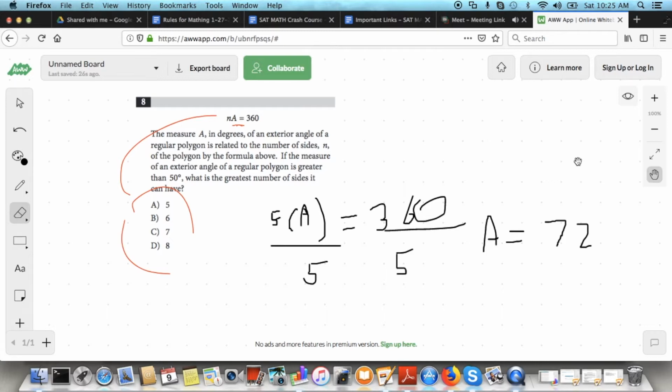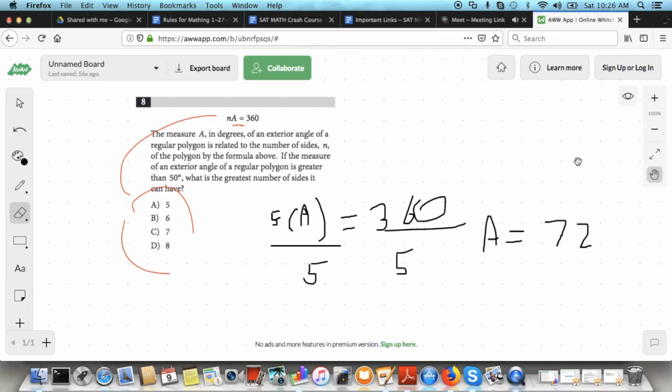Okay. So what was the other question? Someone asked me a question. Oh, if you could solve this without using algebra. Boy, I mean, to solve without solving for A, it would be tricky. I think the easiest way here is just divide both sides by 5 to find out what A is.